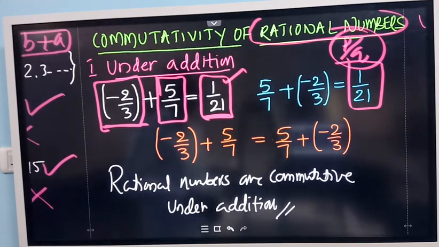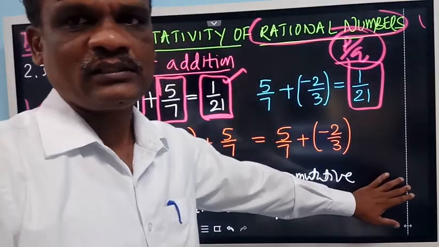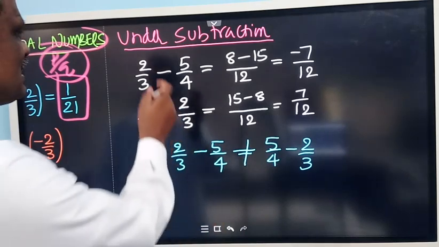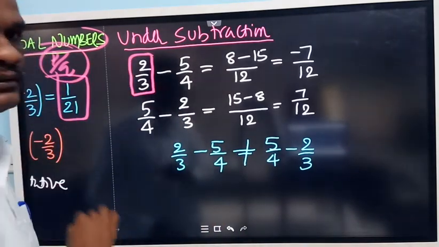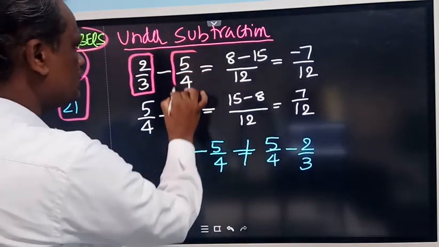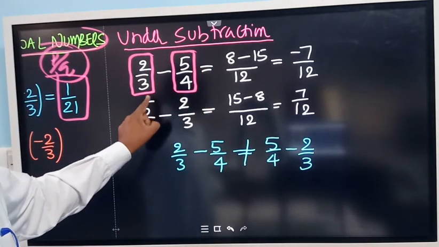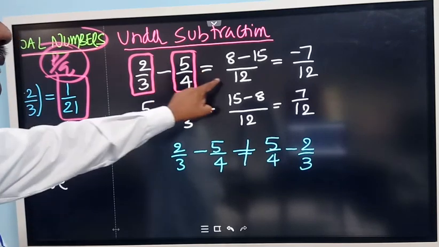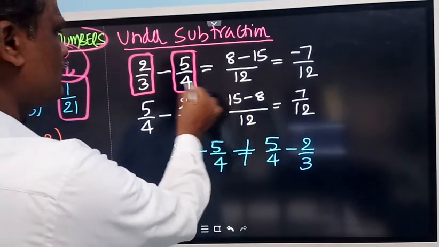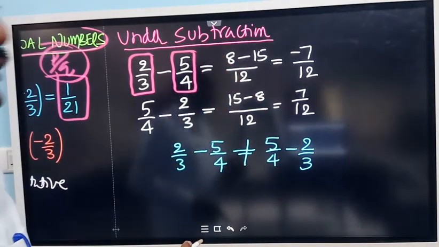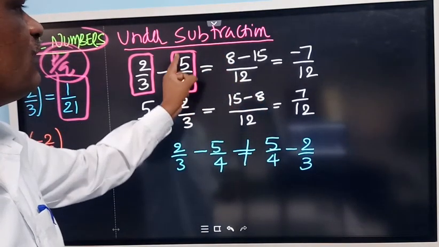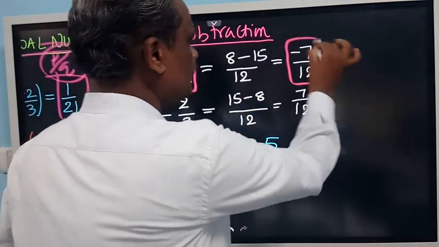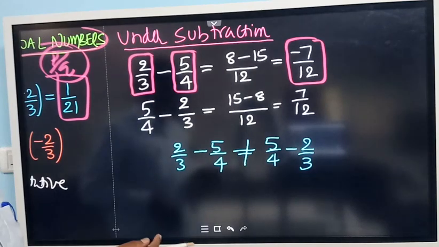Okay. Now under addition over, let us see under subtraction now. Select any two rational numbers. I selected 2 by 3 and 5 by 4. One rational number is subtracted from the other. 2 by 3 minus 5 by 4. So what is that you are getting? LCM is 12. 3 4s are 12, 4 2s are 8. Then 4 3s are 12, 3 5s are 15. 8 minus 15. You are getting minus 7 by 12. Now interchange this subtrahend and minuend.